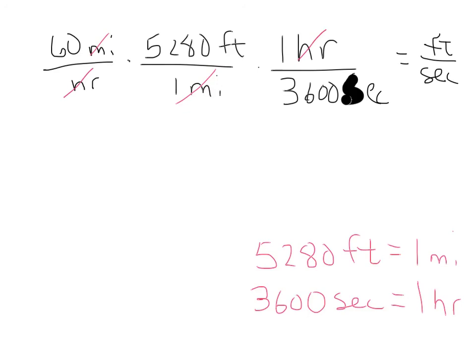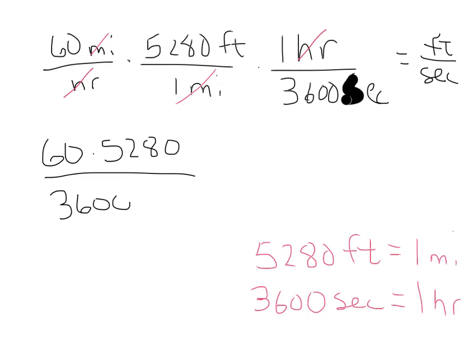Finally, we sort out the numbers. So we have 60 times 5,280 on the top and 3,600 on the denominator, leaving us with approximately 88 feet per second.